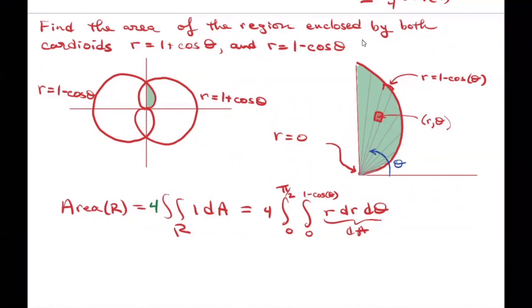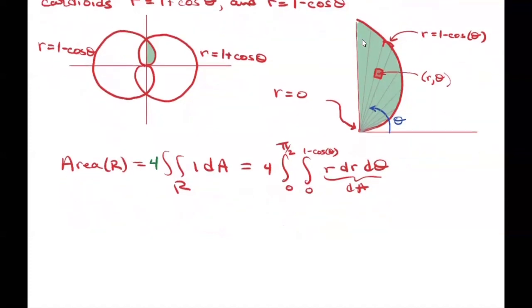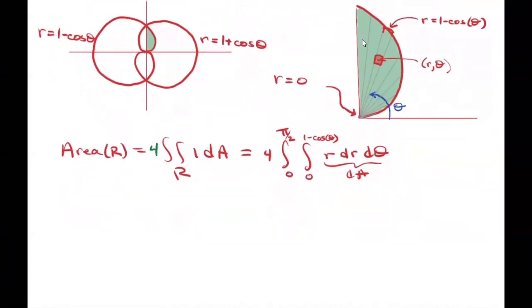Nothing. All right then, so let's go ahead and evaluate this monstrosity. It looks bad. Okay, so we're going to have 4 integral 0 to pi over 2. So we're going to have a 1/2 r squared, where r goes 0 to 1 minus cos theta.